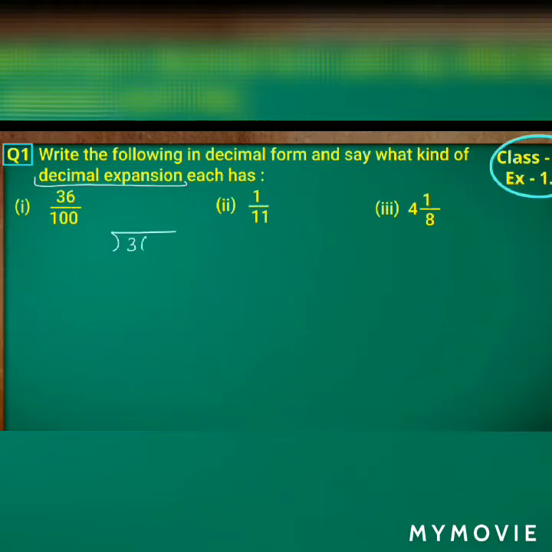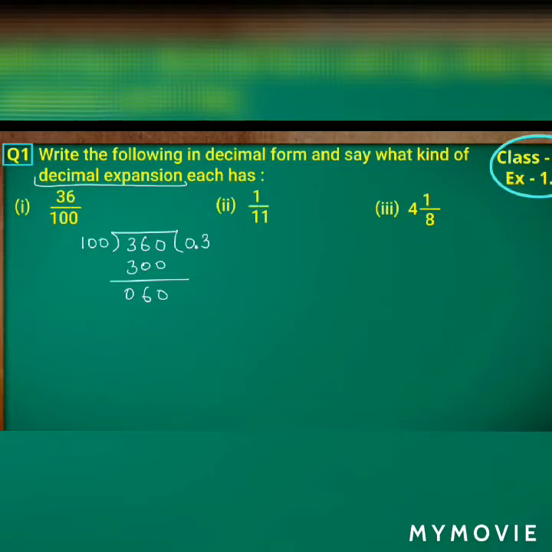We'll just go for the long division method. 100 is the divisor here and 36 is the dividend. Since 36 is less than 100, I'll take 0, 36 after 0, and I'll start with the point, 0 point. So 100 3s are 300, the remainder is 60, that is, 360 minus 300 is 60.